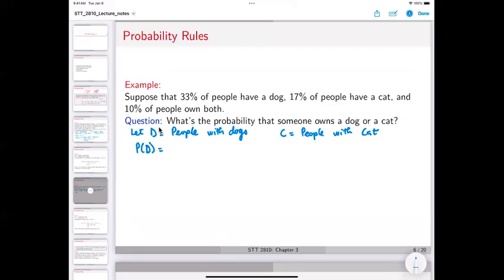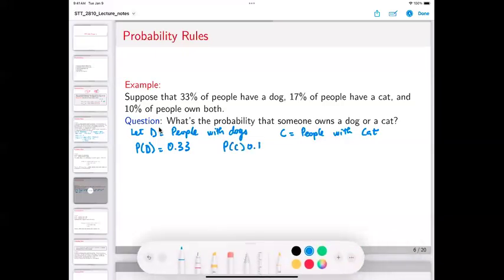So when we do this, what is P of D? 0.33. What is P of C? 0.17. And then what is P of D and C? 0.1.